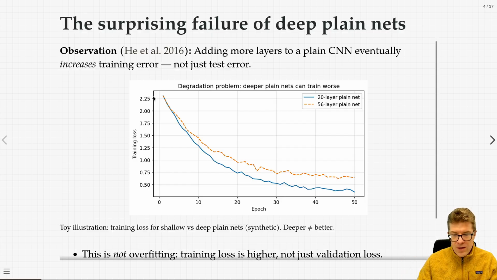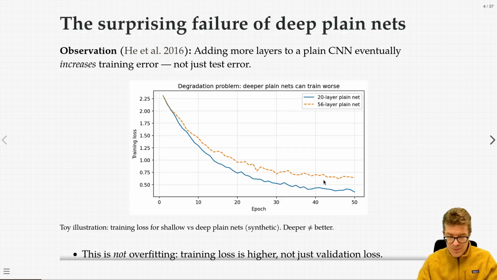In real-world scenarios with lots of data, you'll encounter situations where, over the epochs of training, you actually get worse as you increase the number of blocks. The blue curve is a 20-layer CNN. The dashed orange is a 56-layer CNN.